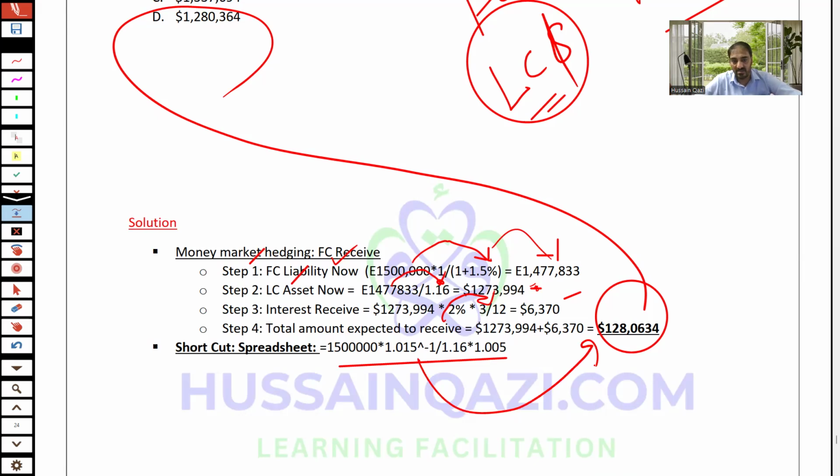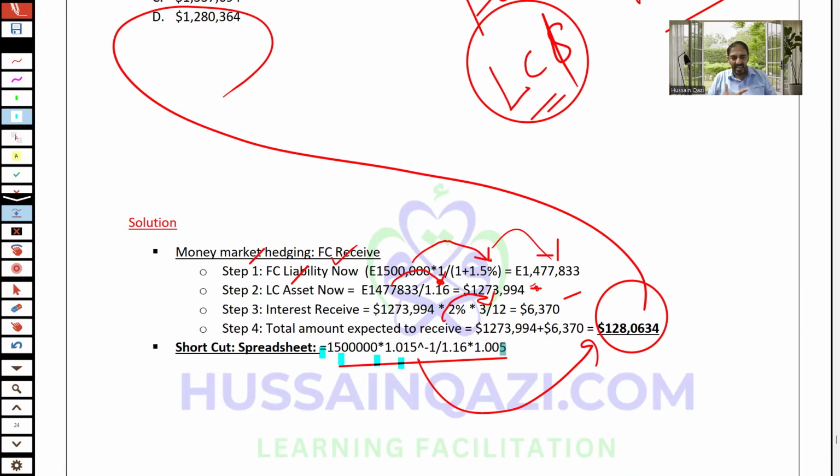It's a very rare case, exceptionally, but you just write: equal to 1.5 million multiplied by 1.015 power minus 1, over 1.16, multiplied by the rate of the particular deposit here. Very simple. It's a shortcut rule.